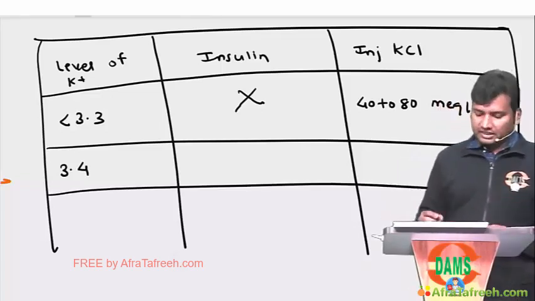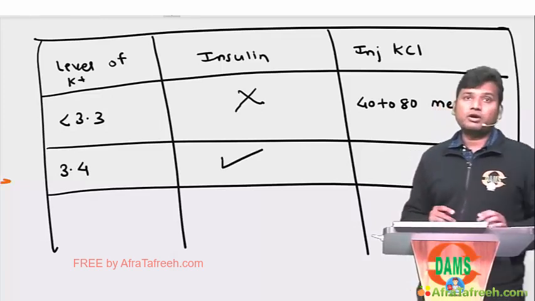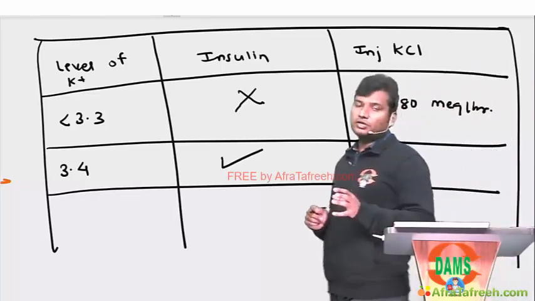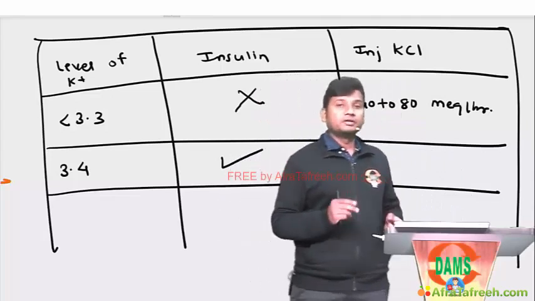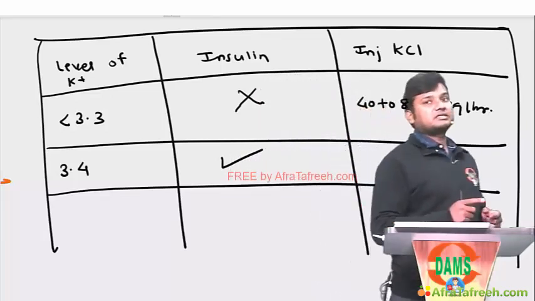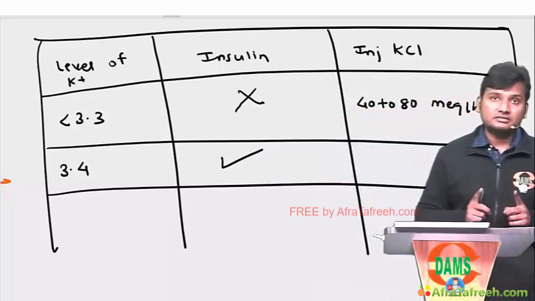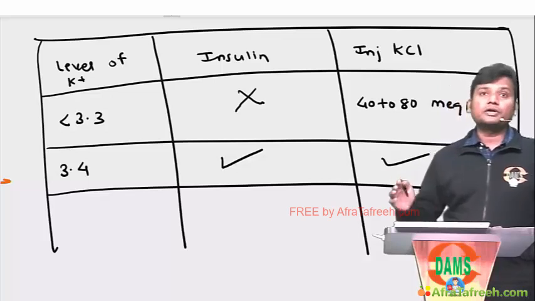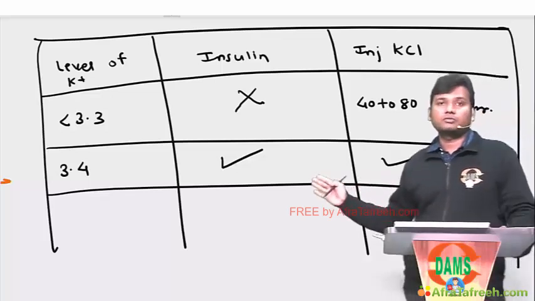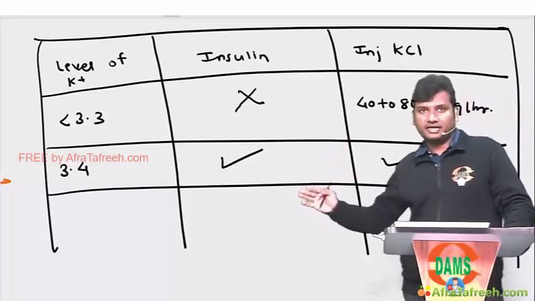So now we can start insulin with 0.1 unit per kg loading dose followed by 0.1 unit per kg per hour. But this patient is also at very high risk to develop hypokalemia, so we have to continue injection of potassium chloride at the same rate.